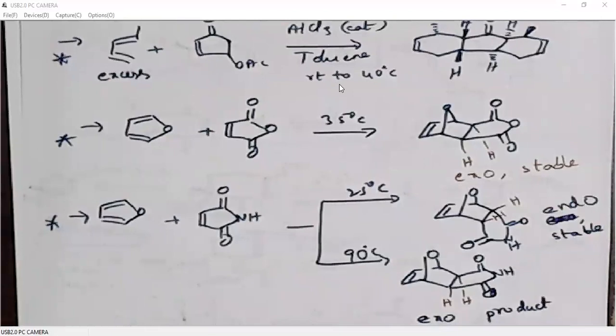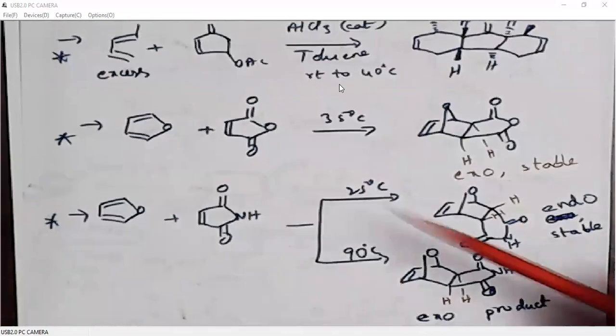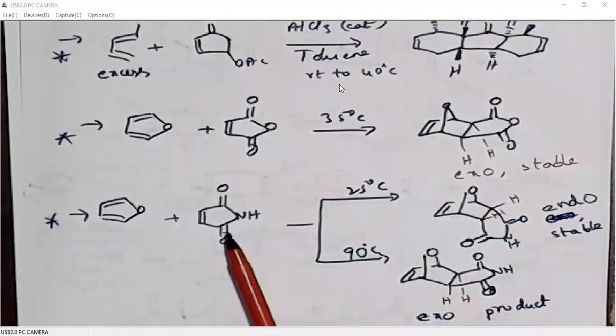So when we treat furan with succinic anhydride at 35 degrees centigrade, the endo product is not stable even at room temperature. So it will obviously rearrange to the more stable exo product. But when we do the same reaction with succinimide, then it is more stable.